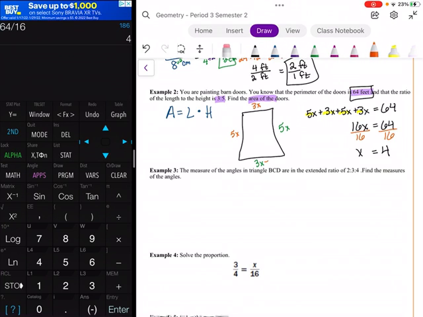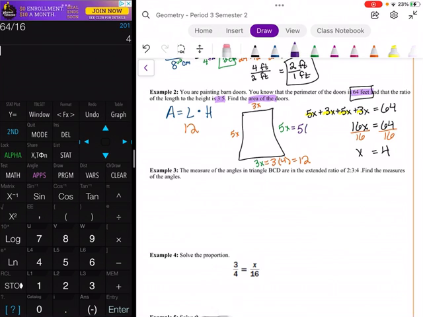So we're going to take 3 times 4 to get our length, and that's going to be 12. And then we're going to take 5 times 4 to get our width, which is 20. So we're going to have 12 times 20, and that will help us figure out what our area is. So for this, our area is going to be equal to 240 feet squared.